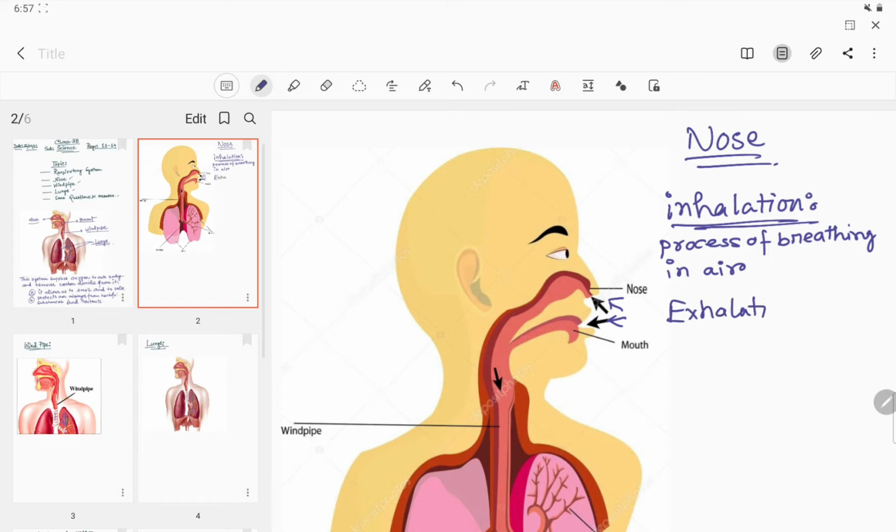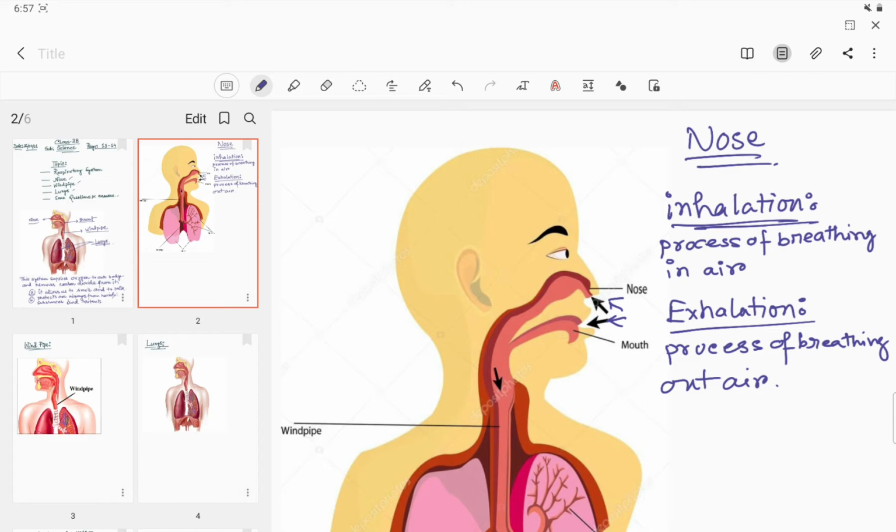Exhalation means the process of breathing out air. Clear? The process of breathing out air is called exhalation.